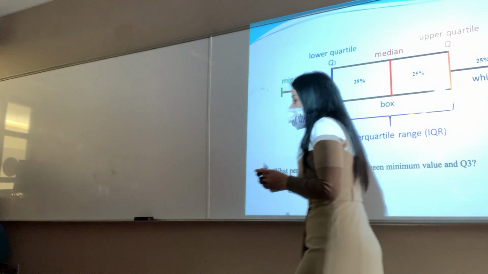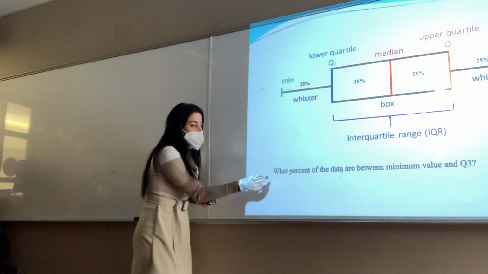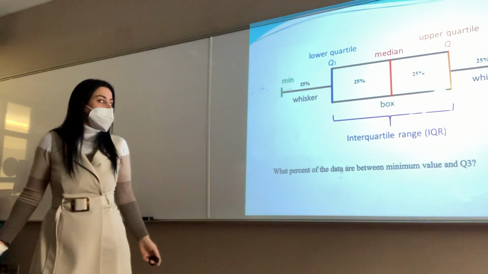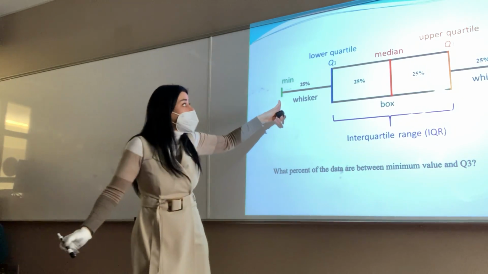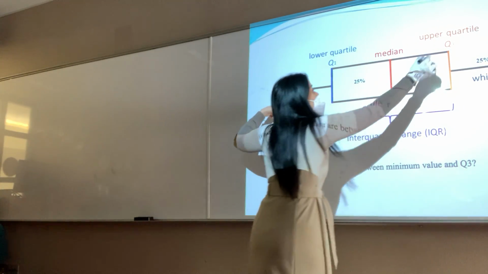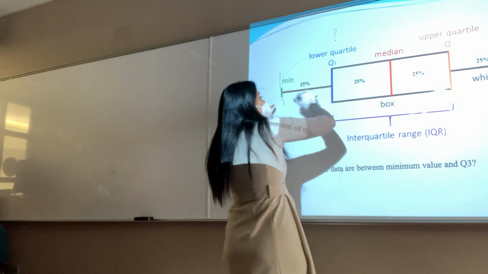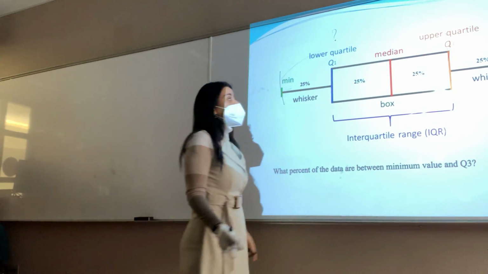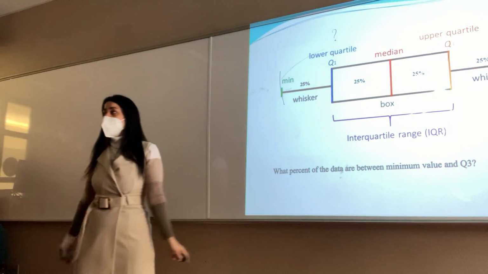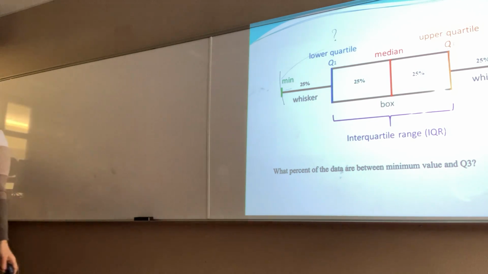Okay, so now you answer this question. What percent of the data are between the minimum value and Q3? What percent of the data is between this one and this one? 75%, right?